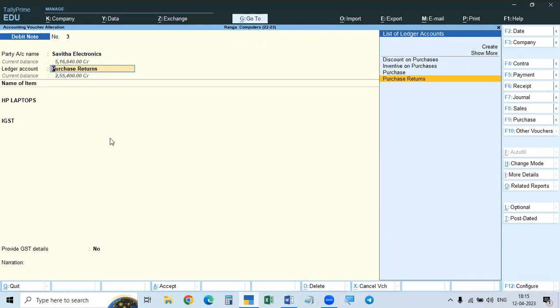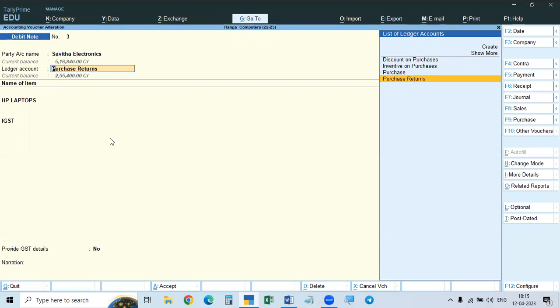For purchase returns, we have to show a separate account. We can show it as purchase also, because purchases are reduced, but in the final accounts it will show only the net amount of purchases. Suppose we purchased 1 lakh and returned 10,000, the purchase account will show a balance of 90. In the profit and loss account it will show only 90. But in the profit and loss account we have to show the total purchases, and out of that, less returns.